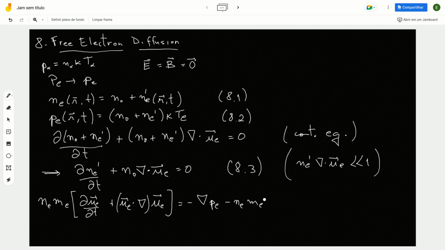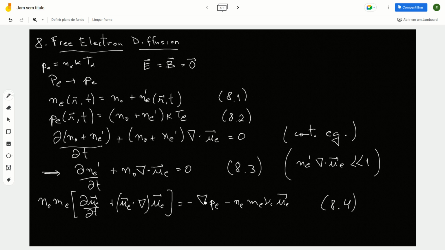No other forces. And here, after linearizing, we'll also drop this part, keep just the time derivative of this, and divide everything by the electron mass.